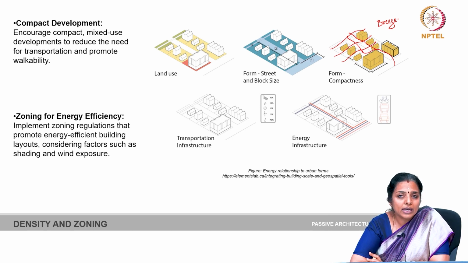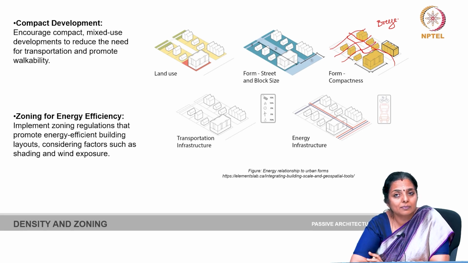In a warm humid or hot humid climate, planning must not be compact. In a hot dry climate, planning must be compact. Planning of a settlement should be such that it incorporates green spaces which also act as lung spaces.